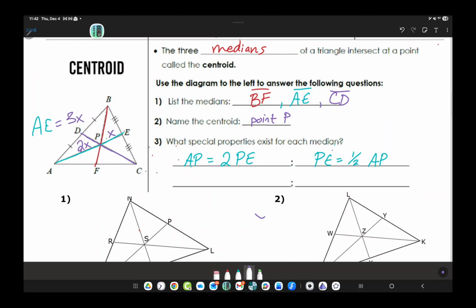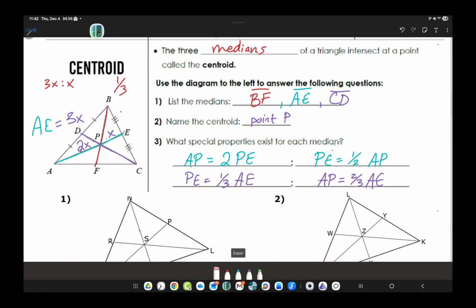First, PE is 1/3 AE, and AP is 2/3 AE. And we can get that just by taking the fraction, all right? The ratio x to 3x, okay, that is 1 to 3, basically.